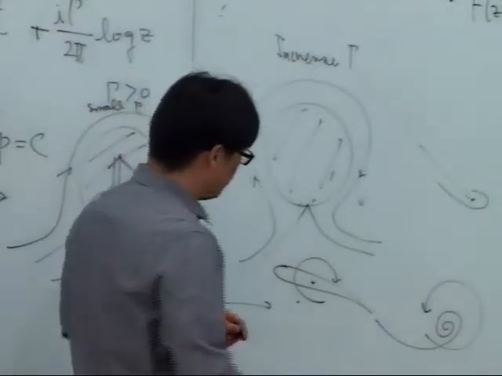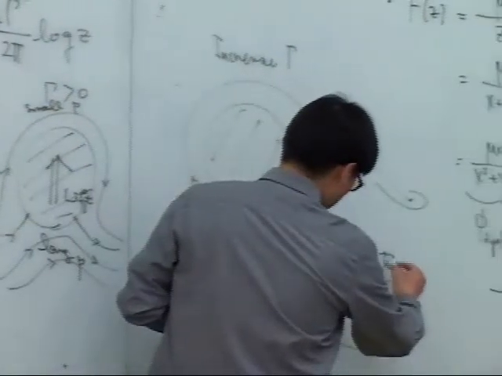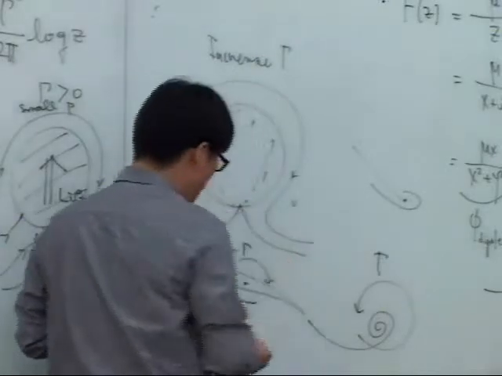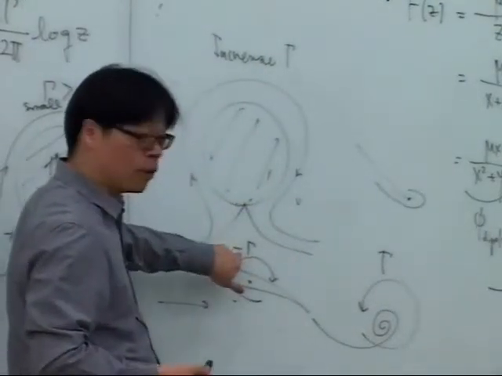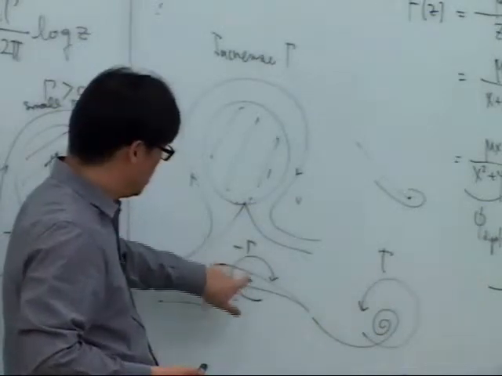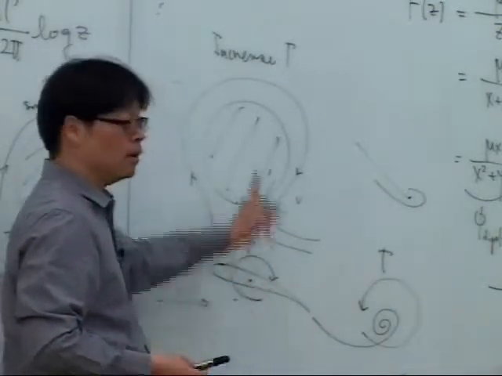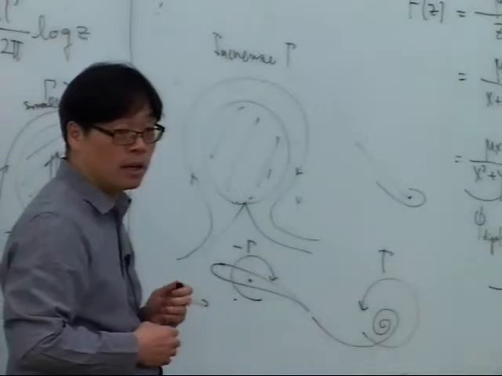Okay, so if this guy is gamma, this guy has to be minus gamma, and then what you see is the effect of this vortex. That makes this airplane fly.